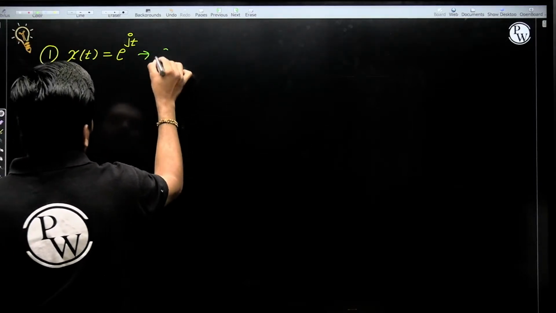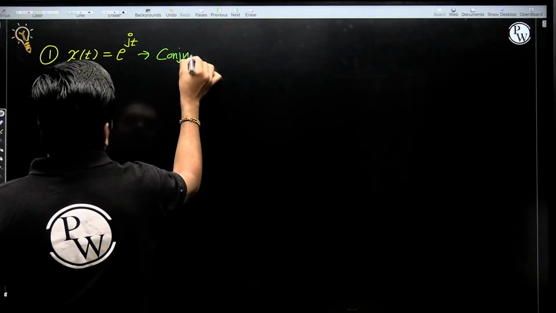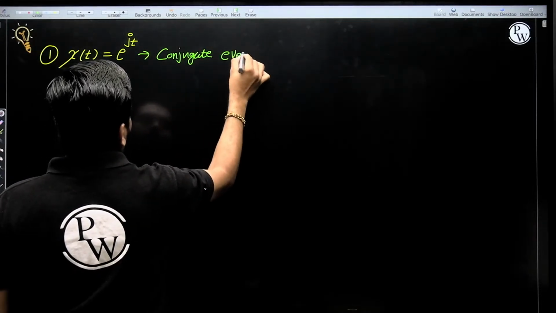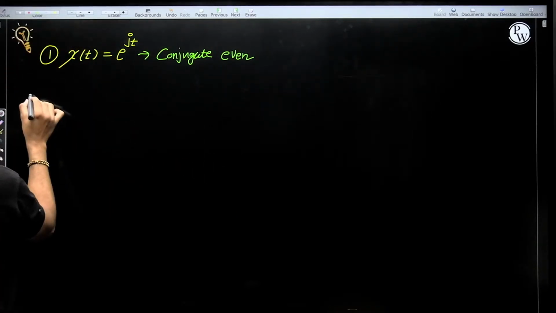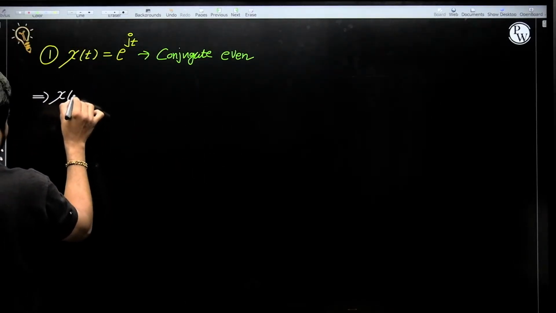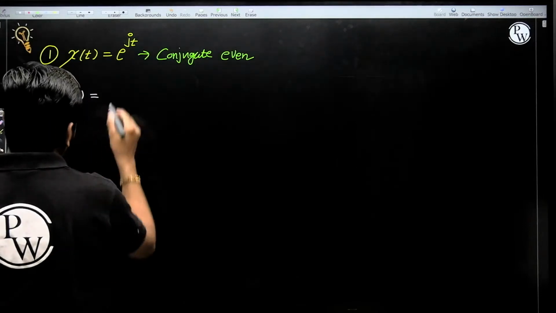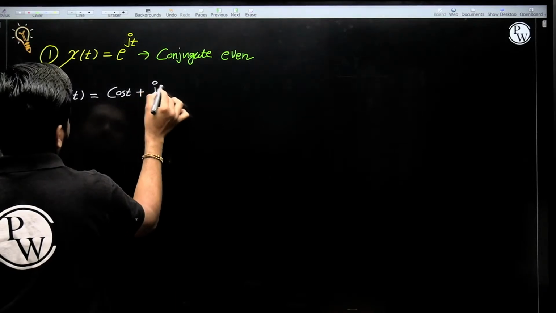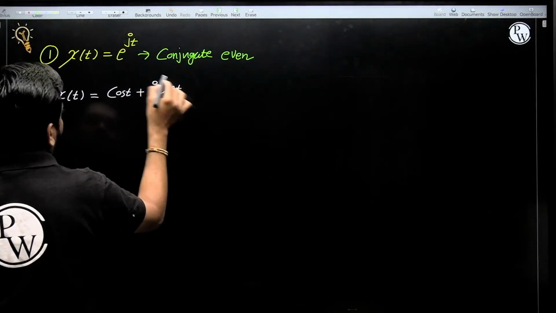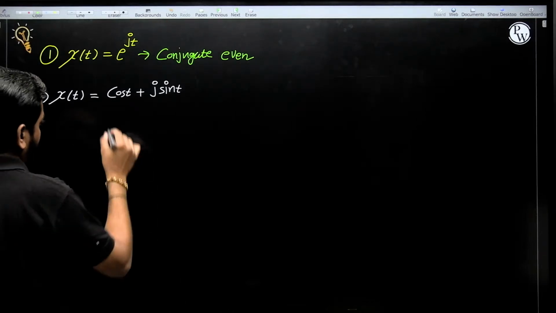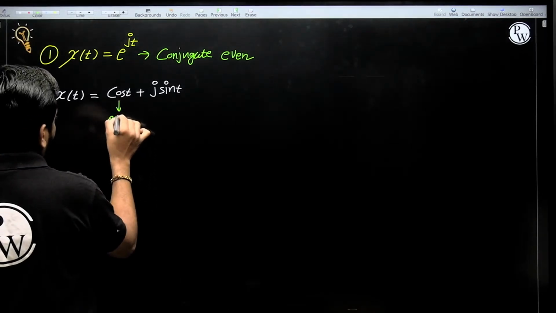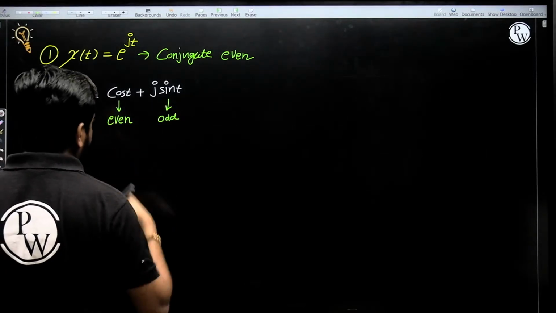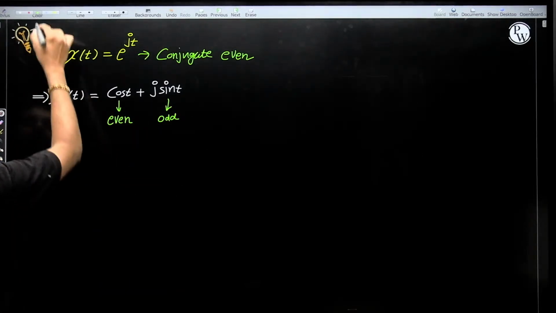Conjugate even signal. Now in this, x of t is e power j theta, Euler's form, cos t plus j sin t. As you can see here, the real part is an even signal and the imaginary part is an odd signal. Sin t is odd and cos t is even. This is the first observation.